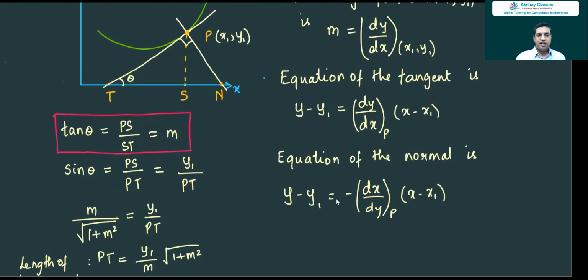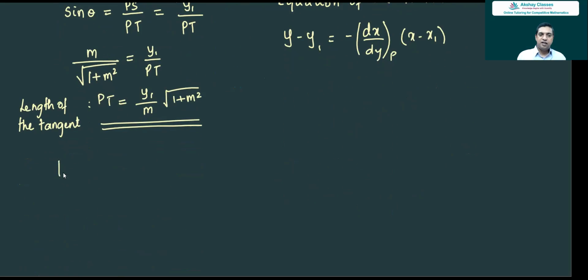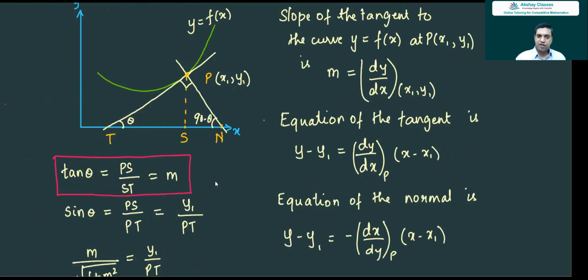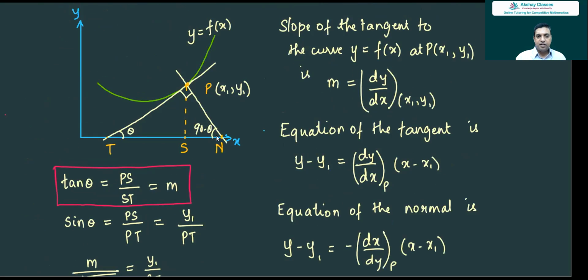Similarly, we can find the length of the normal. To find the length of the normal, this angle is 90 minus theta. So again, take tan of 90 minus theta is PS upon PN. From this triangle, I'm sorry, it should not be tan.